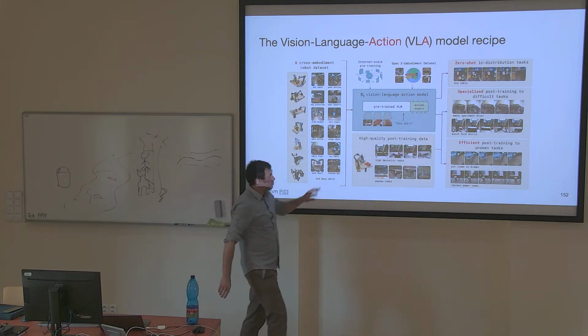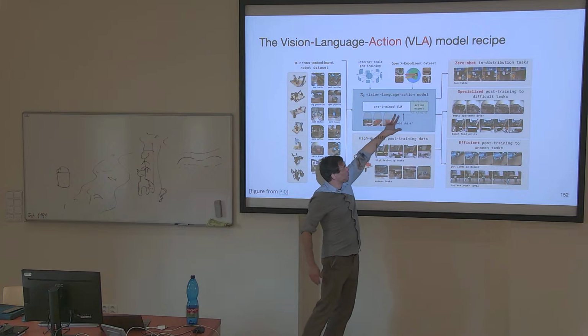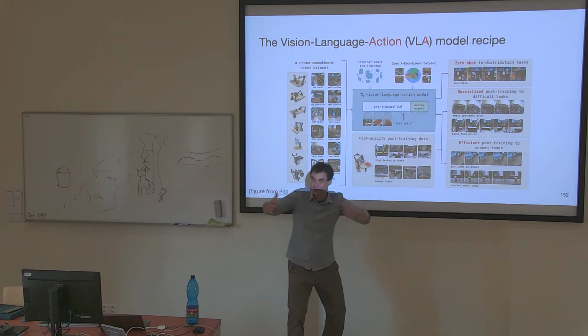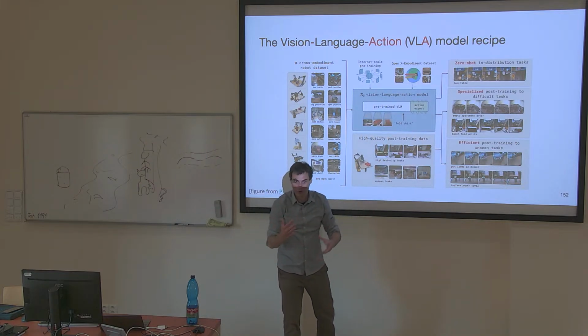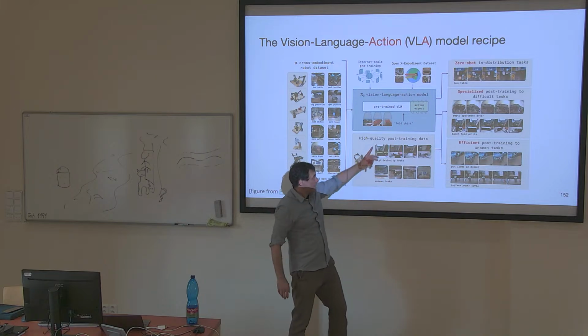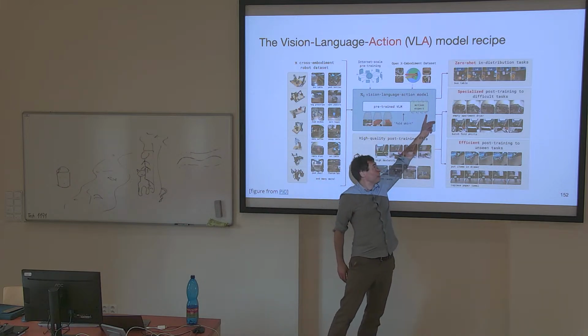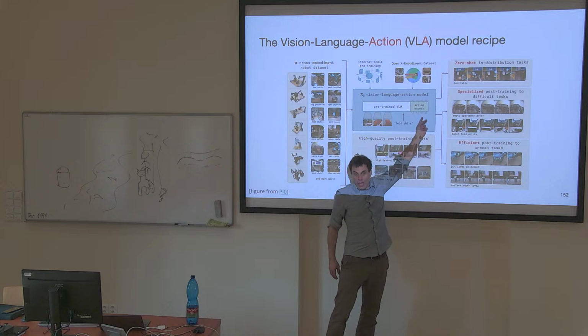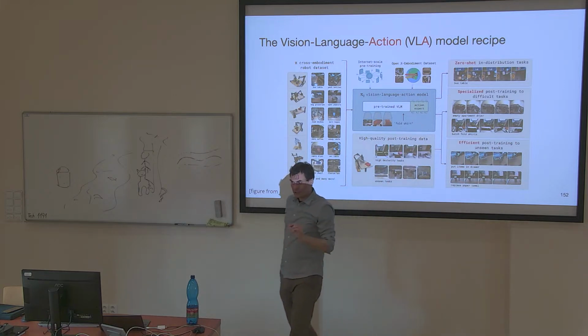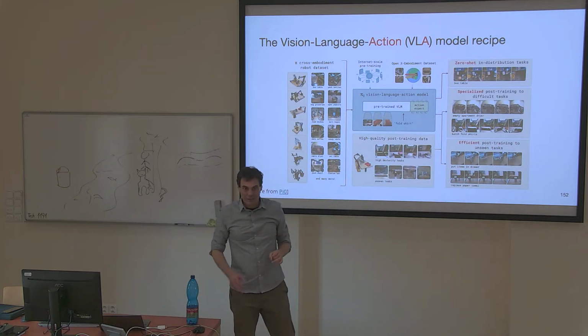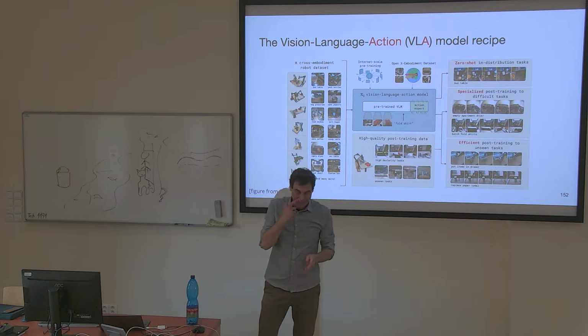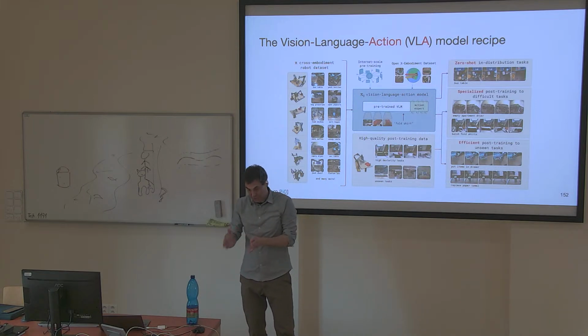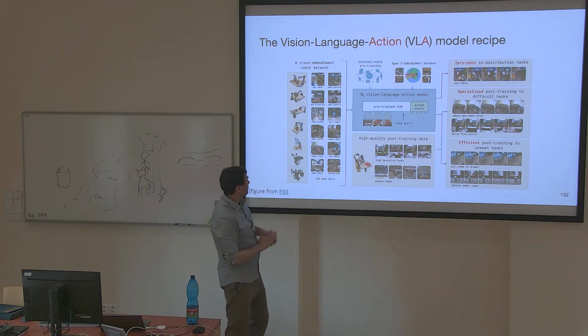But basically it's a visual language model, similar to what I've shown you already. So it's a transformer which is processing images and language and outputting language. The difference is that it's not only outputting language, it's actually also outputting tokens which drive the robot. So it can output natural language, but also these tokens which drive the motors on the robot. And it's trained to do that.